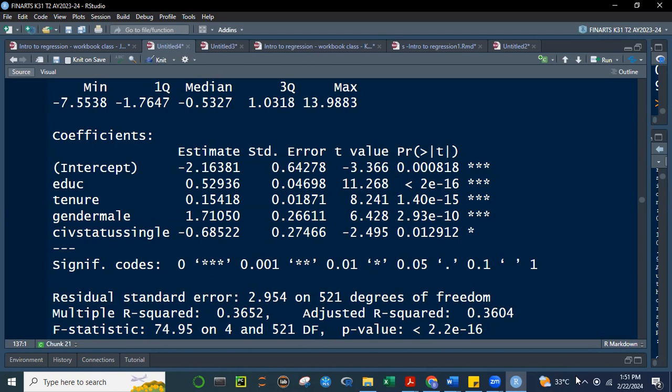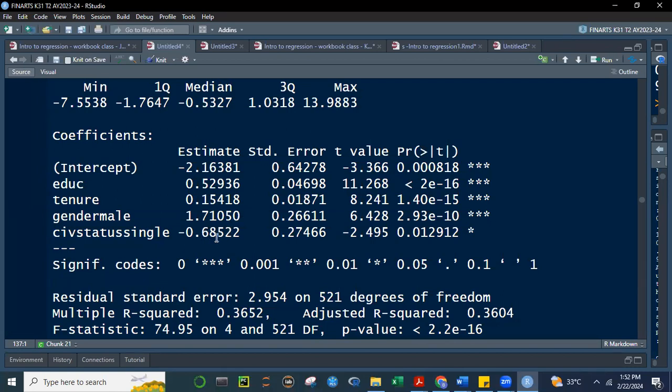Sorry, class, I can't find my digital pen. Anyway. All right, so our final equation will be, okay, our hourly wage is equal to negative 2.16, I'll just round it off to 2 decimal places, plus 0.553 times education, plus 0.15 times tenure, plus 1.7 times gender, okay?